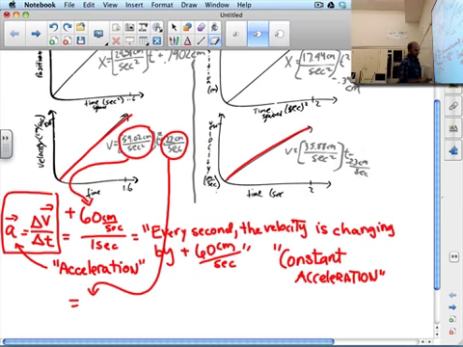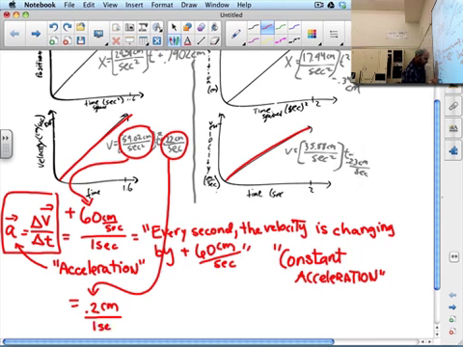That's ugly. Let me fix that. 0.2 centimeters per second. What is this? Well, this intercept is actually over here, right? Whereas this is the slope.